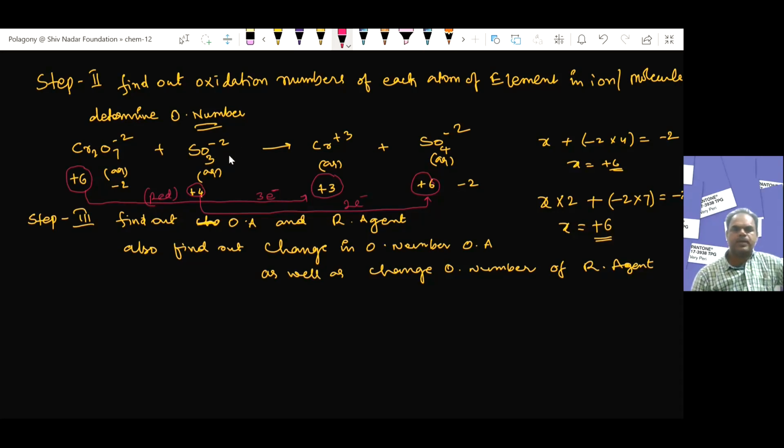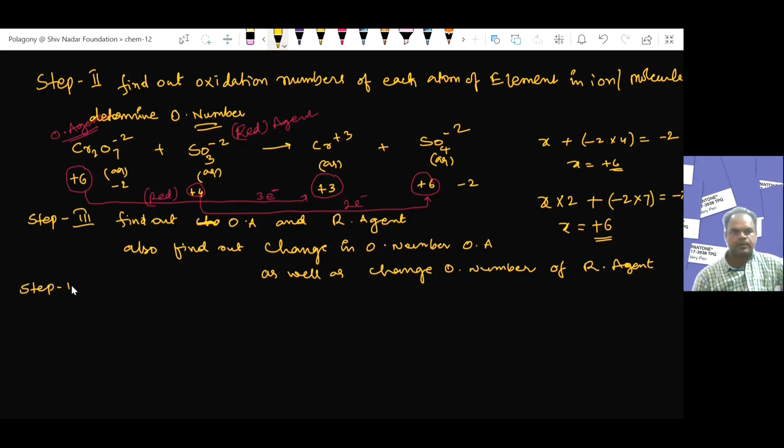Now the sulfite is said to be the reducing agent, whereas dichromate is said to be the oxidizing agent. So chromium ions are getting reduction, sulfur atom is getting oxidation. So finding the change in the oxidation number in step three is over.